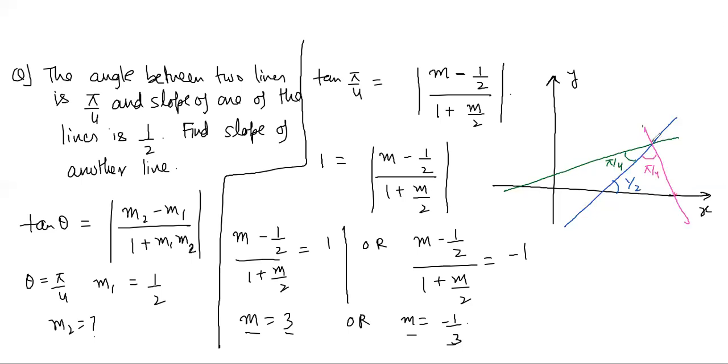So there are two possible lines which will make an angle of pi by 4 with the given line. This is the first line, where the slope is positive, m is equal to 3. This is the second line, where the slope is negative because the inclination is more than 90 degrees. Hope this is clear to all of you.